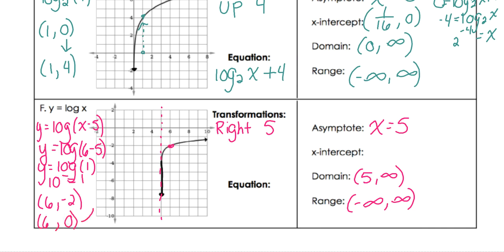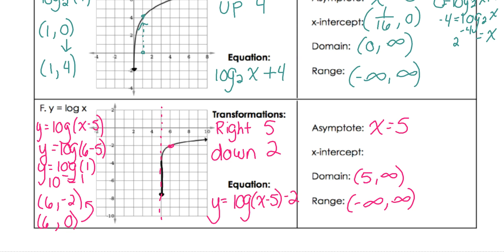But we know from our graph that that point is actually at 6, negative 2. That tells me that to go from 0 to negative 2, I would have had to shift my function down 2. So my equation also has a shift down 2. My final equation with those transformations in it is log of x minus 5 for the shift right 5, and then minus 2 on the end to get that vertical transformation down 2.